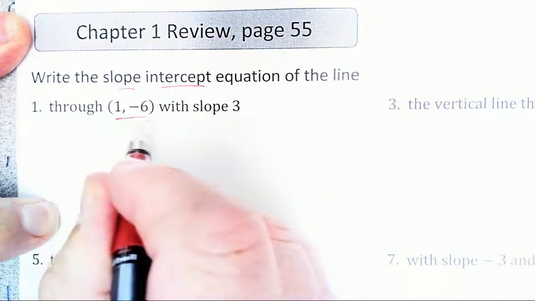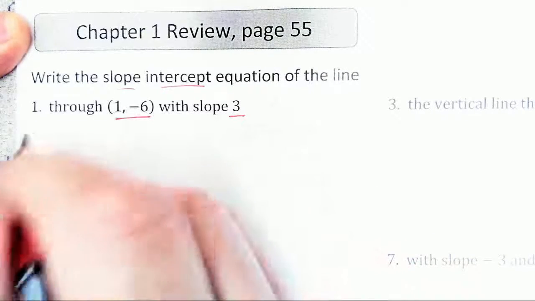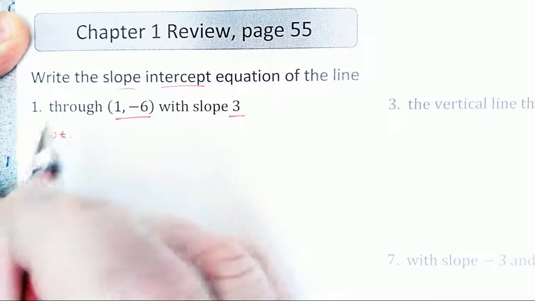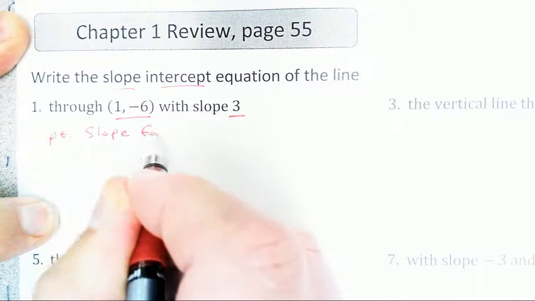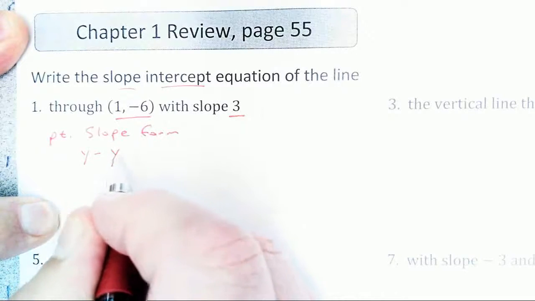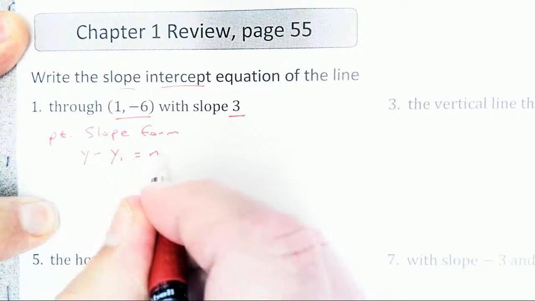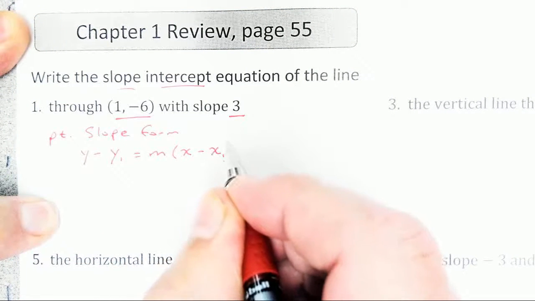First, passing through a given point and a slope. Well, if I am given a point and I'm given a slope, I'm of course going to be tempted to use point-slope form, which is y minus the given y coordinate equals slope times x minus the given x coordinate.